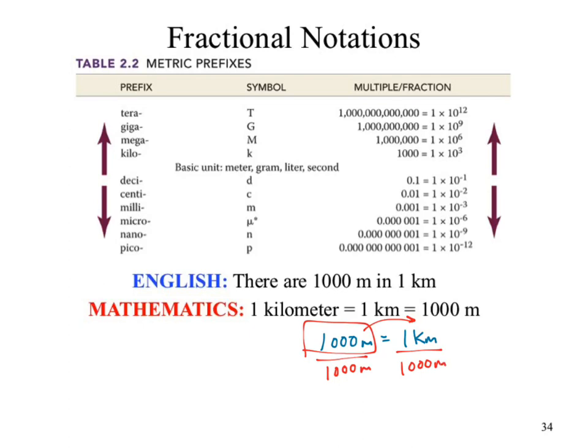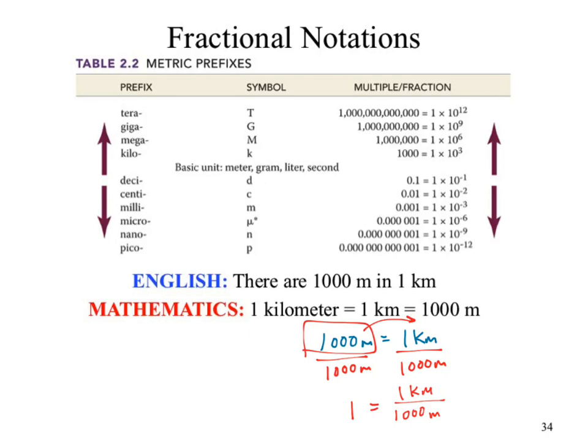What do I get? 1 equals 1 kilometer over 1,000 meters. Those of you saying, well, that's 1/1,000th. No, absolutely not. That is the numerical answer. We don't care about the numerical answer. We care about the units tied to it. The units are what's going to solve your question. So we need to make sure that we drop those units in there.